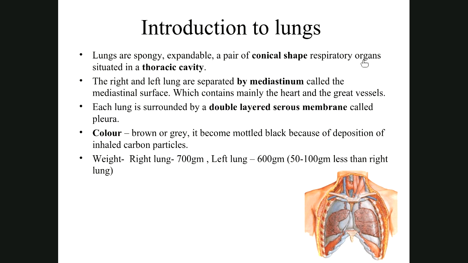They are sponge-like, spongy, expandable, or in some books they will tell elastic. They have elasticity or are expandable. So when you breathe in, what happens? The lungs will expand. So what is the shape of these organs? They are conical shape respiratory organs.